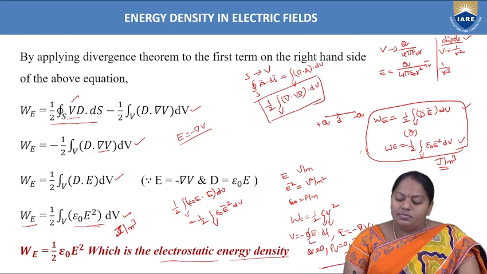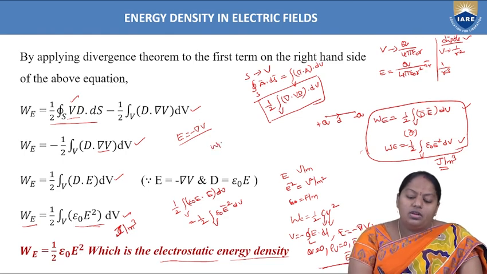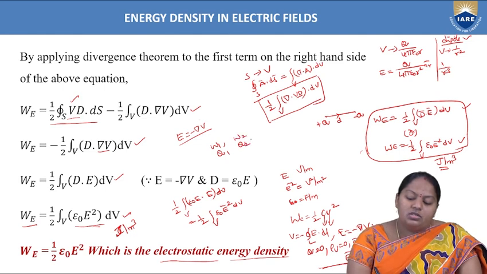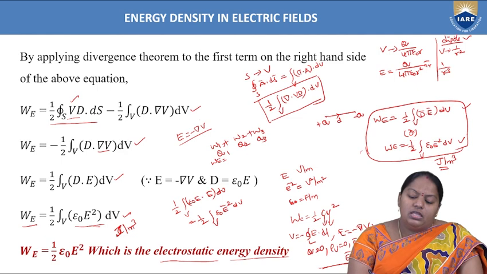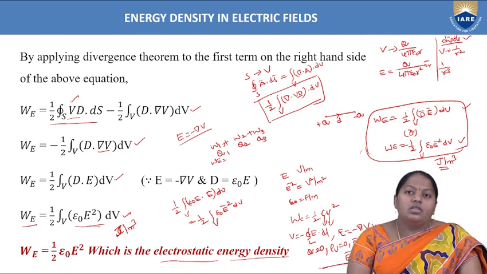Based upon all these assumptions, we have got three equations: the work done to assemble the first charge q1, the work done to assemble the second charge q2, and the work done to assemble the third charge q3. Then we added them: WE equal to W1 plus W2 plus W3. Now we position the three point charges Q1, Q2, Q3 in the reverse order, Q3, Q2, Q1.